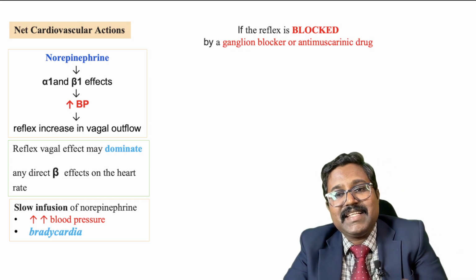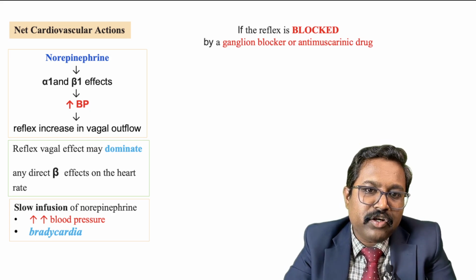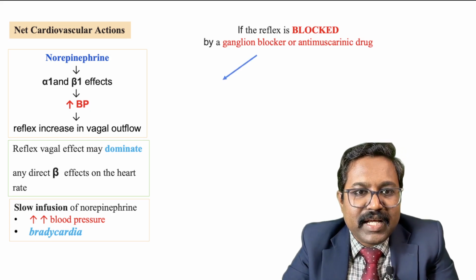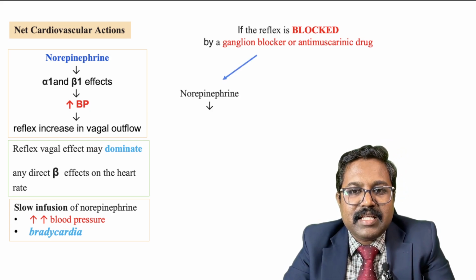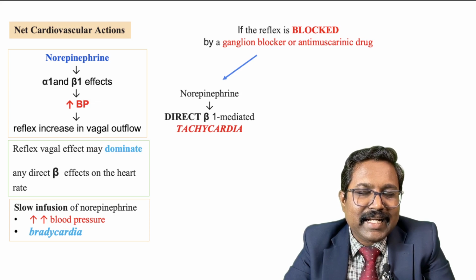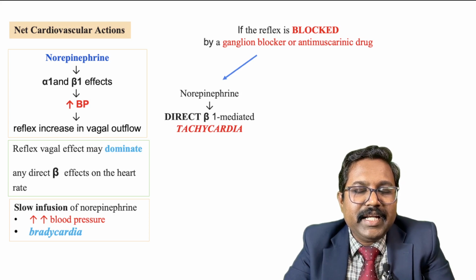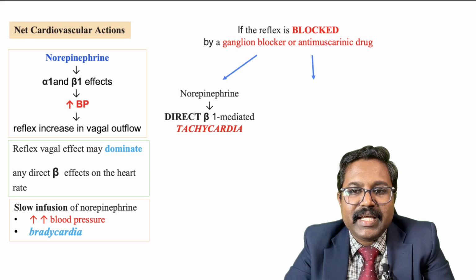If the reflexes are blocked with the help of a ganglionic blocker or antimuscarinic drugs, norepinephrine will have direct activity on the beta 1, leading to tachycardia. So it is called direct beta 1 mediated tachycardia.